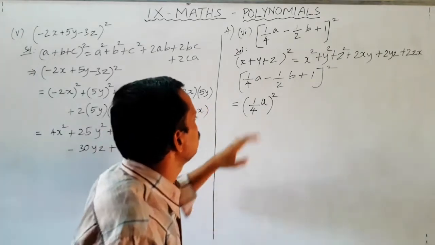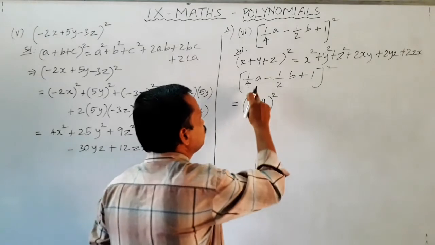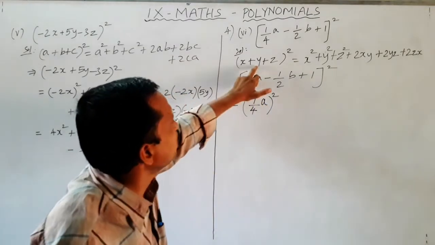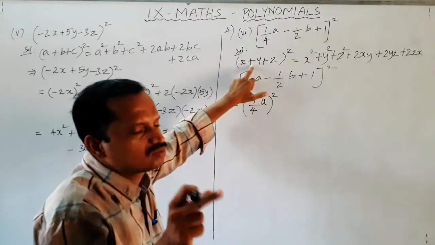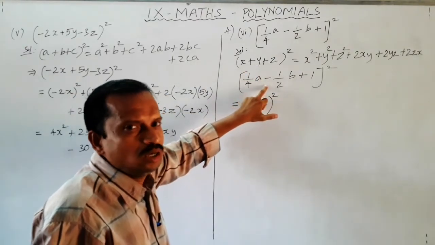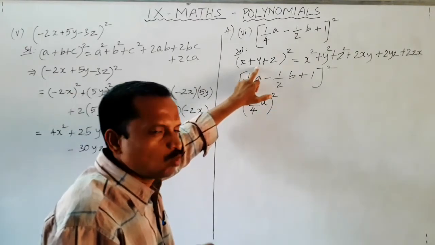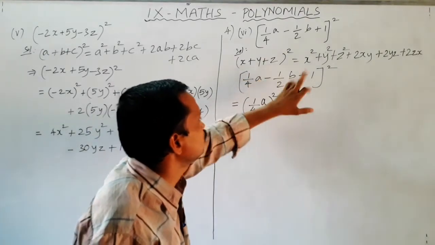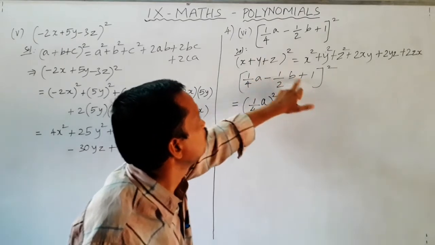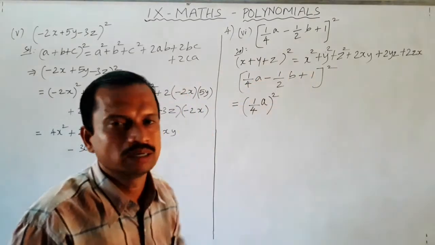Okay. So now instead of x, 1 by 4a is here, and instead of y we have to include minus, because in the identity there is plus only. So if minus comes, we have to include the minus sign. So instead of y, minus 1 by 2b, and then instead of z, 1. So instead of z we put 1.